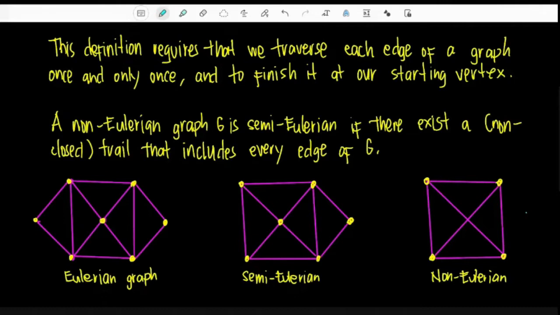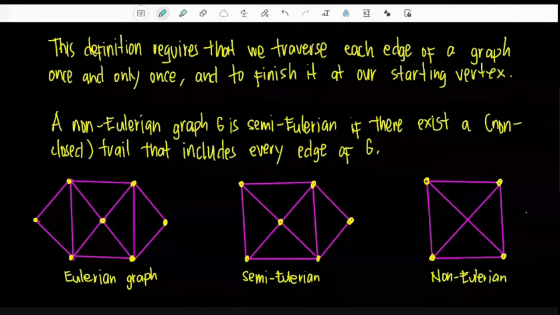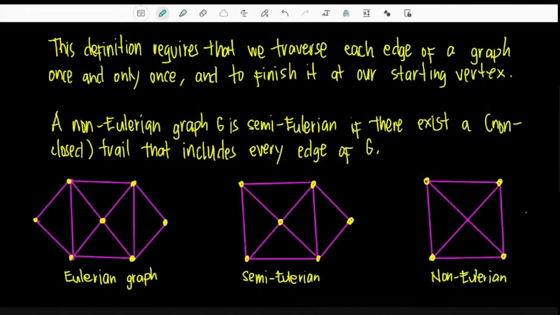So these are examples of an Eulerian graph, a semi-Eulerian graph, and a non-Eulerian graph. To make sure that this is indeed an Eulerian graph, we must be able to find an Eulerian trail or an Eulerian circuit. Again, the difference between a trail and a circuit is just the starting point.